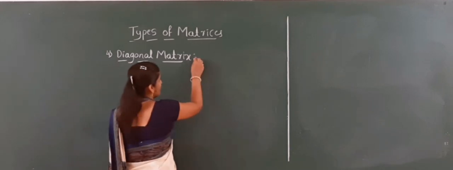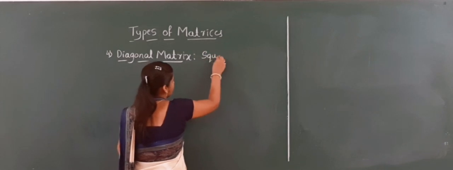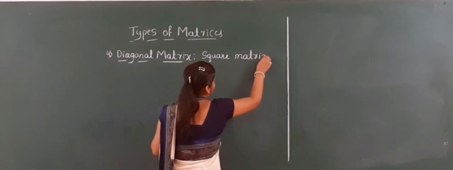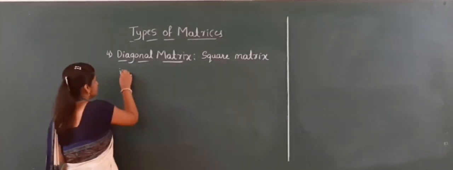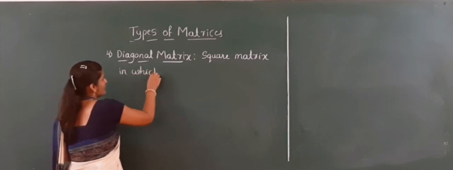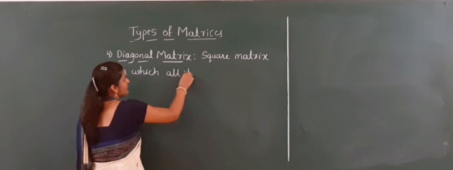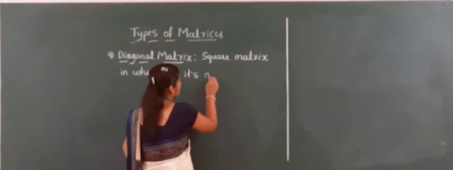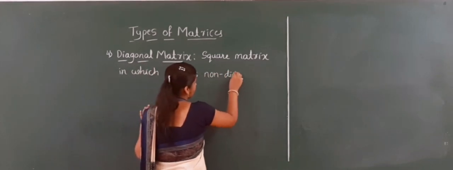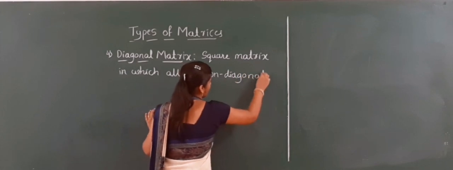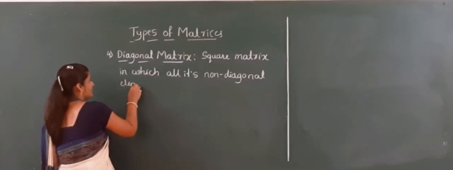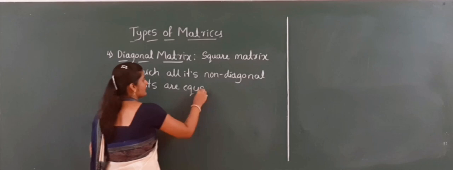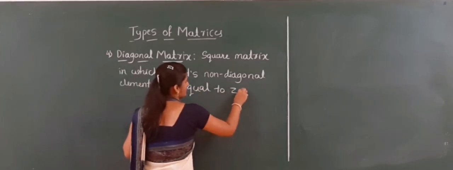So, see here, what do you mean by diagonal matrix? A square matrix in which all its non-diagonal elements are equal to 0.